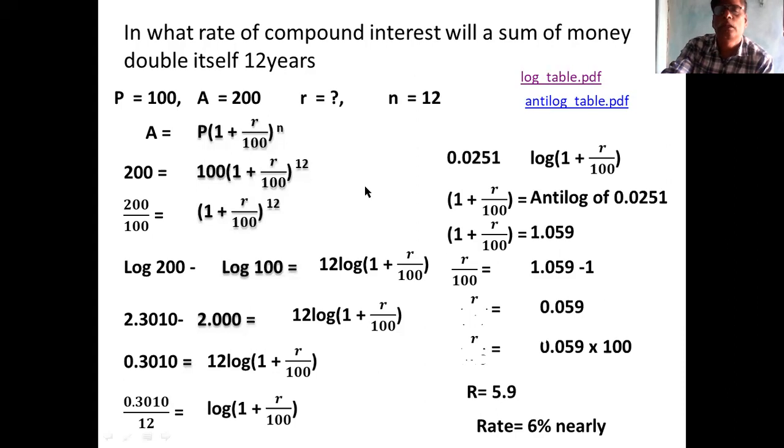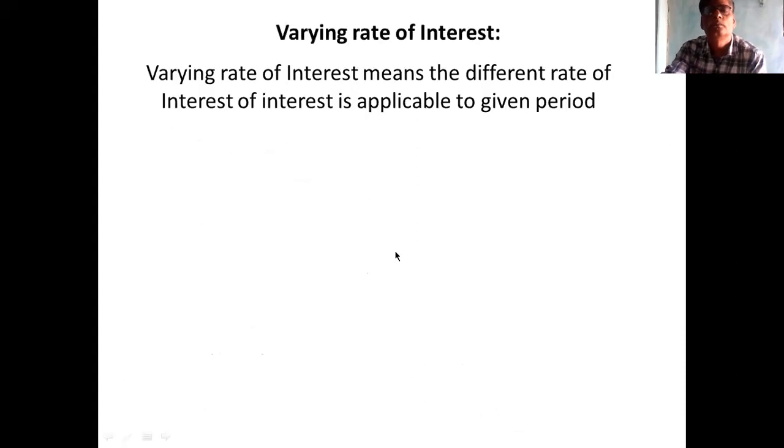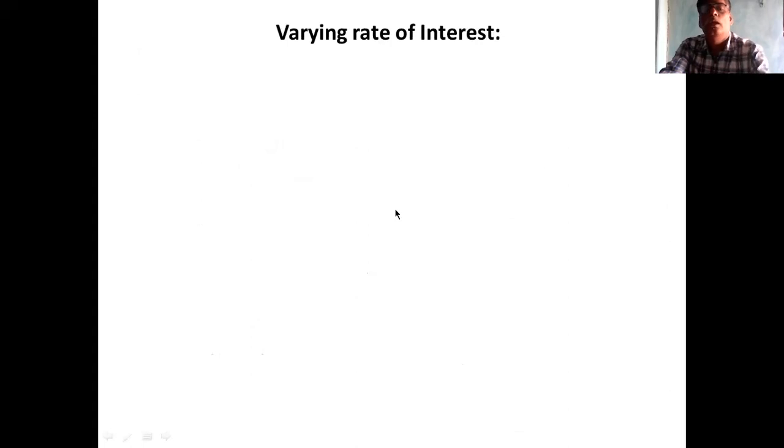Then the next method is regarding varying rate of interest. In the previous problems, the rate of interest is fixed for the full period of investment, all over the period.